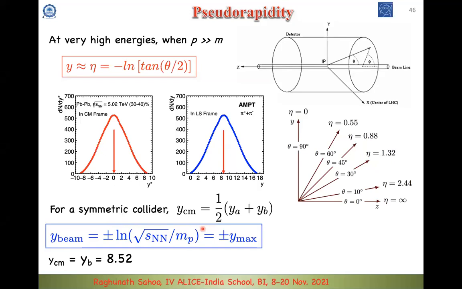Now I took you to a position that eta and phi are the right variables in the relativistic domain to span our phase space to study the particle spectra. Is there any question so far?